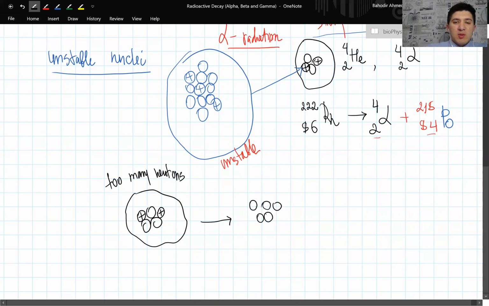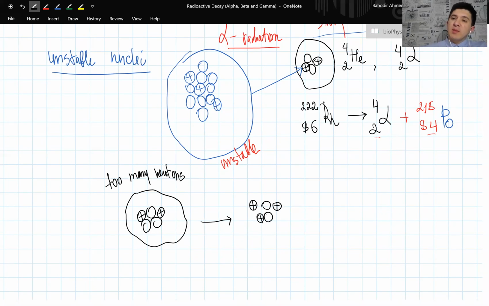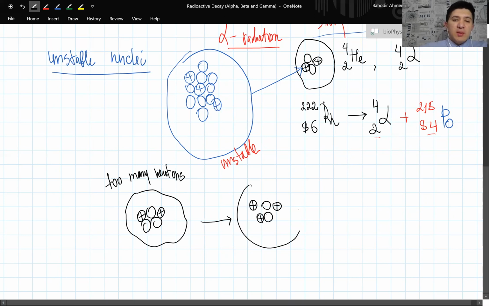Let me draw the same structure. We used to have only 2 protons, and for example, this particle becomes also a proton. Some of its neutrons spontaneously become a proton, so that it stabilizes itself. So this was unstable, and now this one becomes stable, but it emits some particles as well, right?